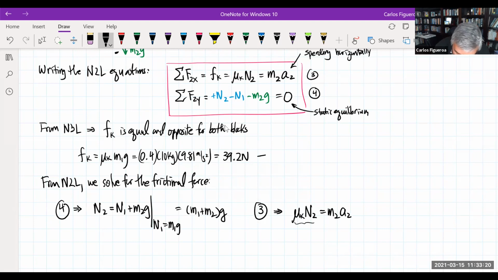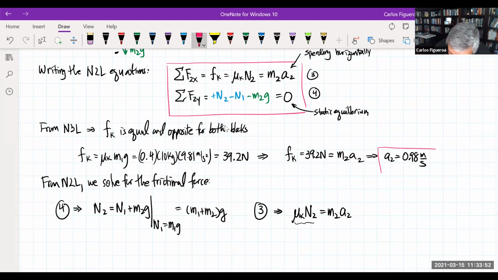We could have just said, okay, the frictional force we know is 39.2 newtons, and this is really M2 times A. And then if you solve this for the acceleration 2, I could calculate the acceleration, which in this case turns out to be 0.98 meters per second squared. So that's a totally valid way to do the acceleration, or I could do it this way, which is different. But they lead to the same answers.